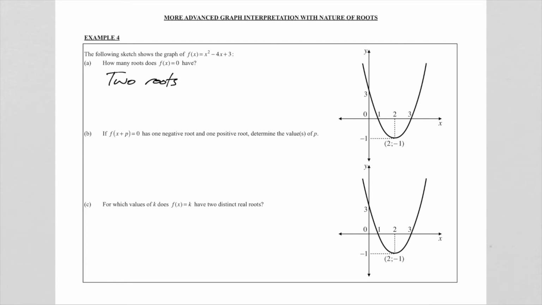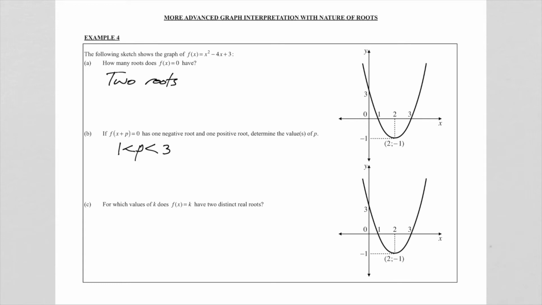So what will the values of p now be? And we can say 1 < p < 3. So we need to shift the graph more than 1 unit to the left, but less than 3 units. So please take note, we don't say 2 because we only need to move more than 1 unit.